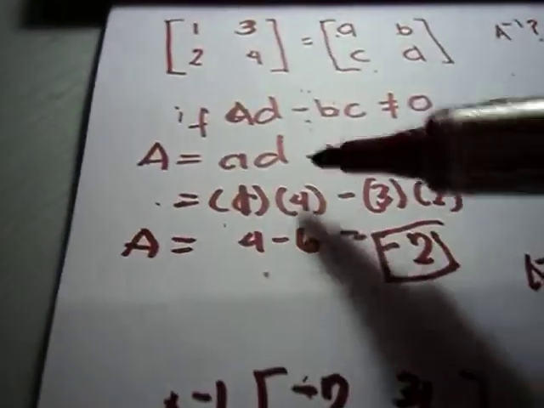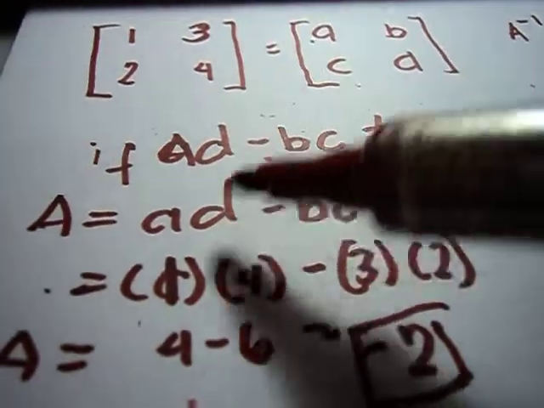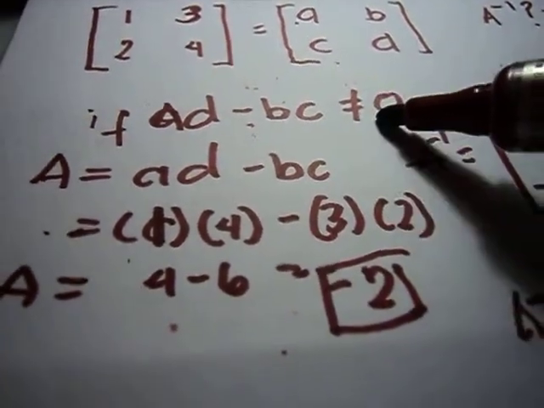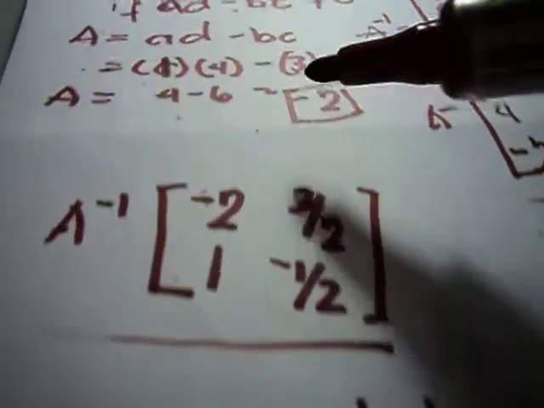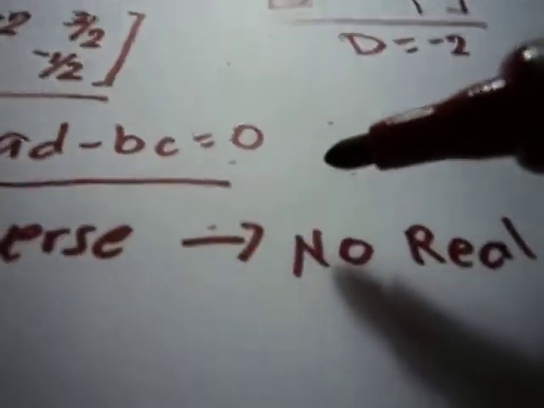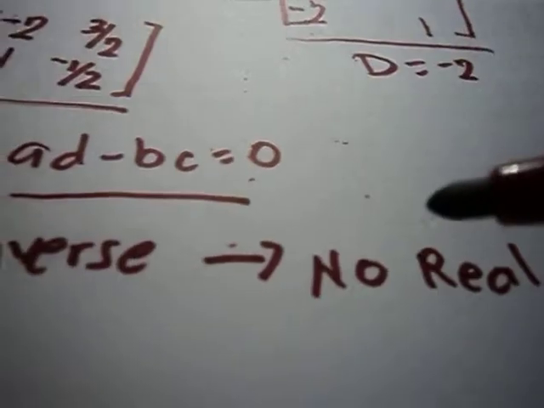So before executing these steps, we must make sure that the determinant is not equal to 0. If it is equal to 0, then our matrix has no inverse. Or if you are tasked to get the x and the y of the linear equation, then we would say that it has no real solution.